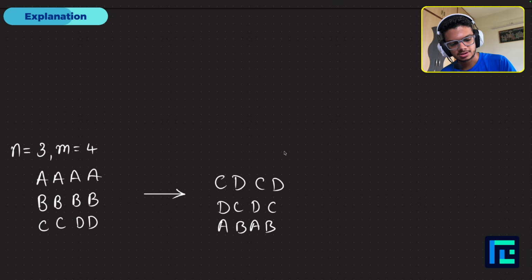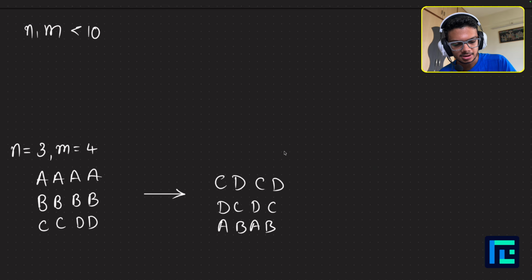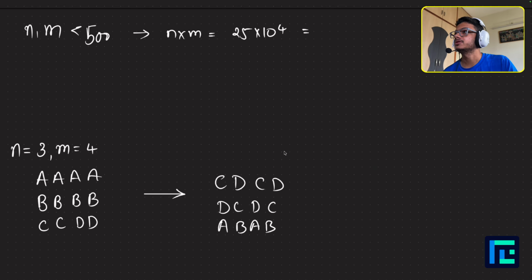First things first, you knew that n and m were at most 500. So the maximum number of cells will be n into m, which is 25 into 10 to the power 4, so in total 2.5 into 10 to the power 5.